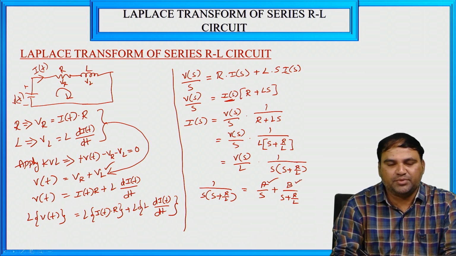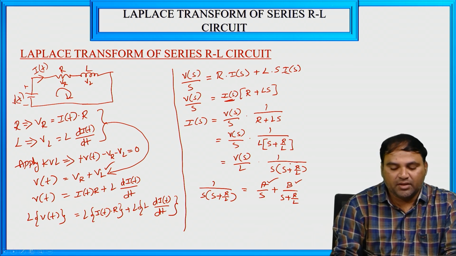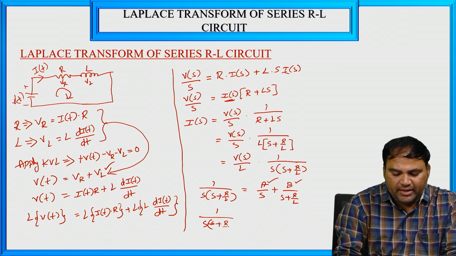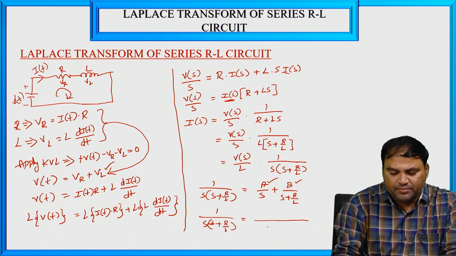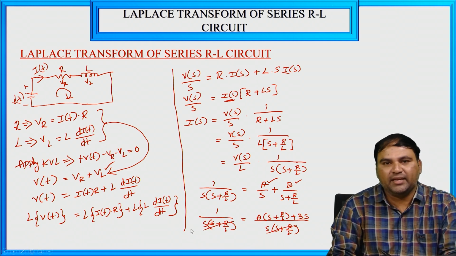Taking LCM, 1 divided by S into S plus R by L equals A into S plus R by L plus BS over S into S plus R by L, and the denominators get cancelled.